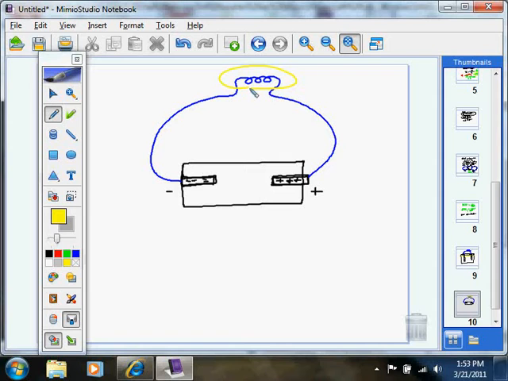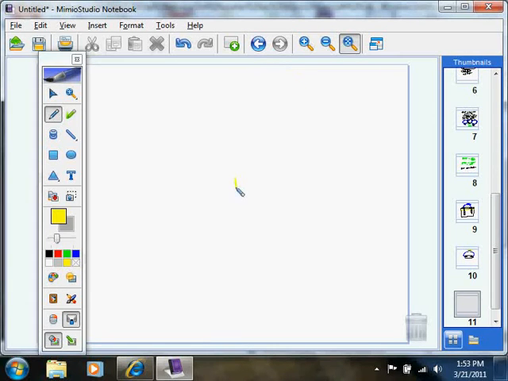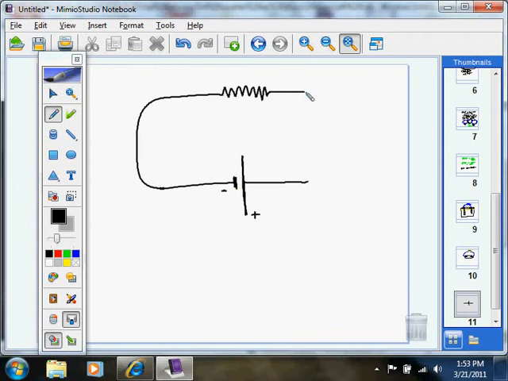So a real shortcut way of drawing out this same circuit, draw two lines. The short line is the negative terminal. The long line is the positive terminal. This is the negative. This is the positive. And then the light bulb is where the resistance occurs.